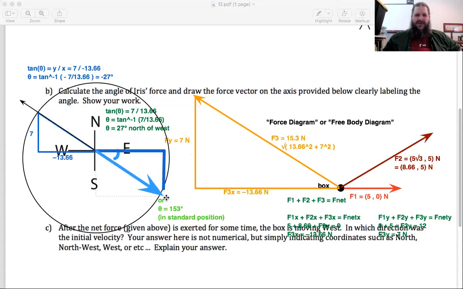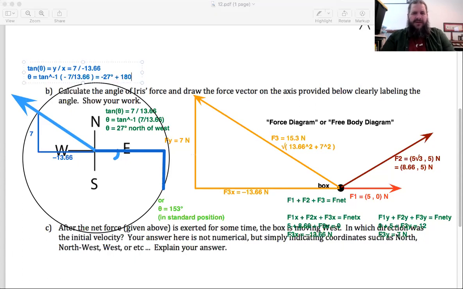What's the difference between those? Yeah, 180 degrees. So we can take the negative 27 degrees that the inverse tangent function gave us, add 180 to get to the correct direction. So sometimes you need to do that.